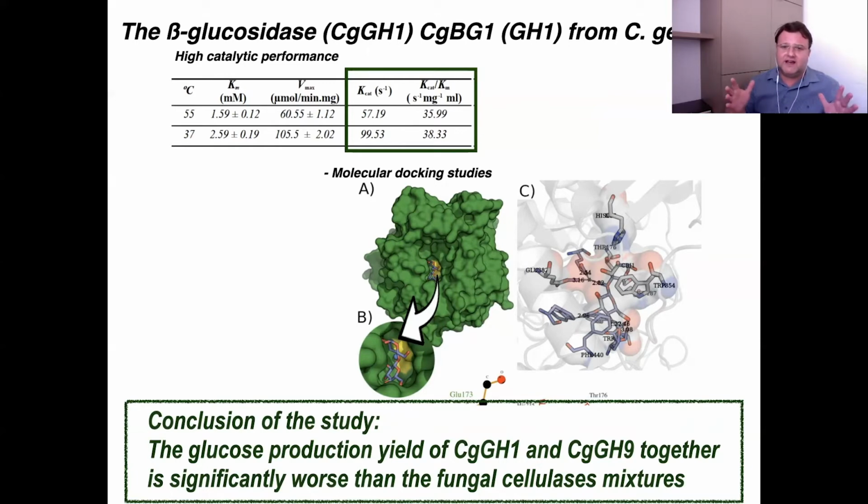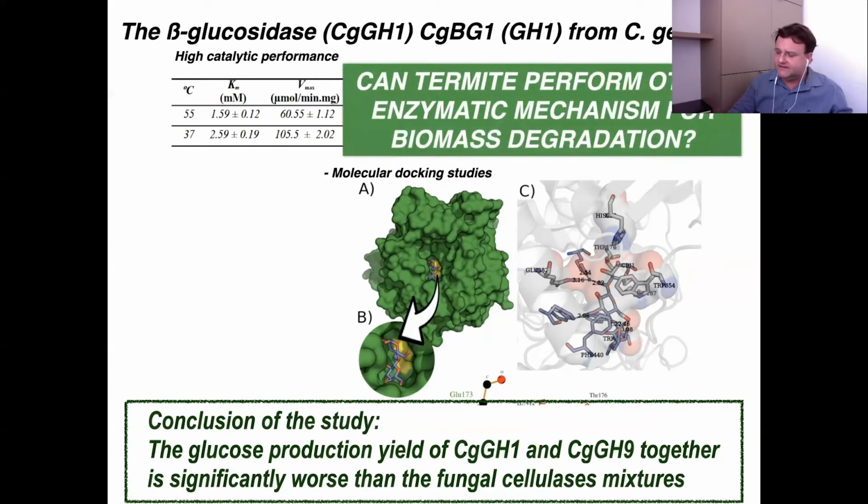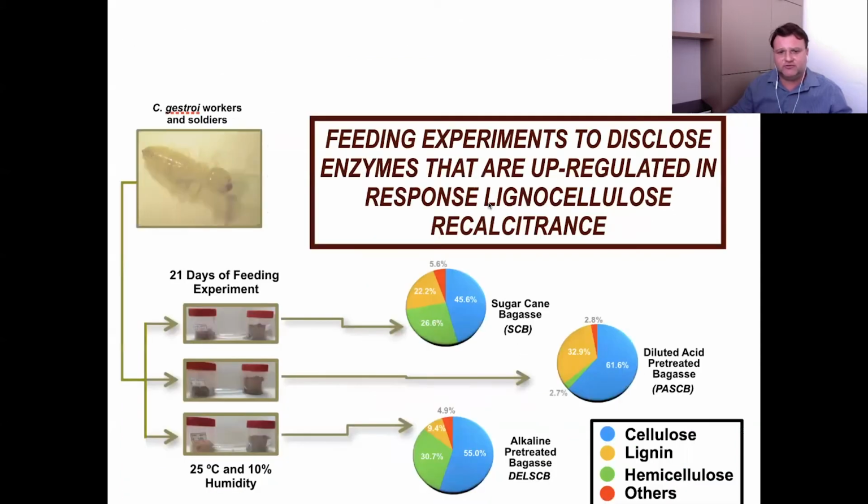The performance of these two enzymes together is significantly worse when compared to fungal cellulolytic systems. And this study raised the question of whether the termite could perform other enzymatic mechanisms for biomass degradation. And we did omics analysis of this termite.